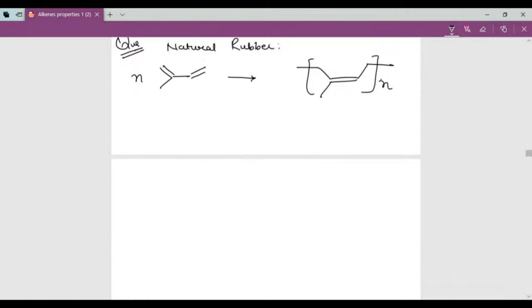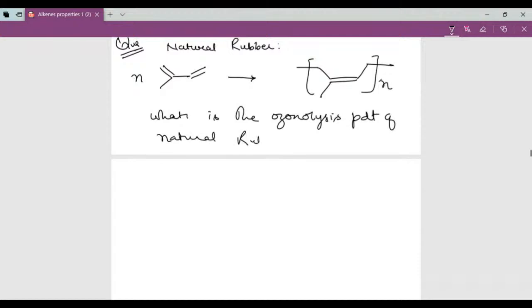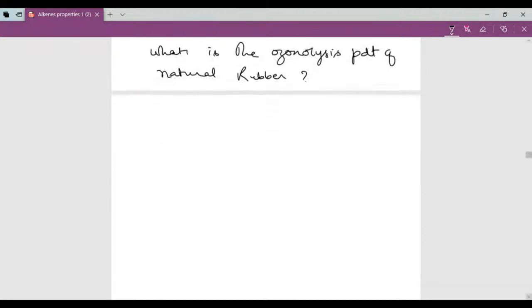Now the question is, what is the ozonolysis product of natural rubber? If we are asked to ozonolyze natural rubber, what would be the products?